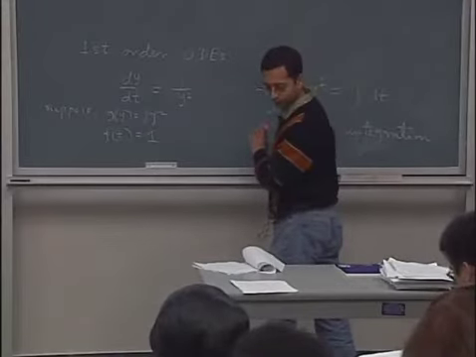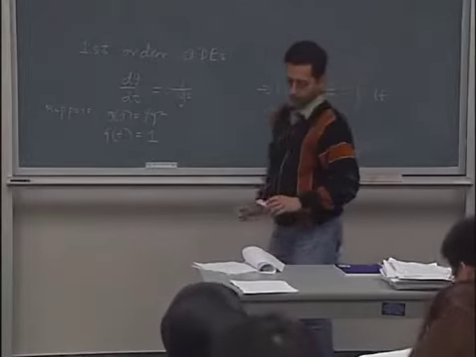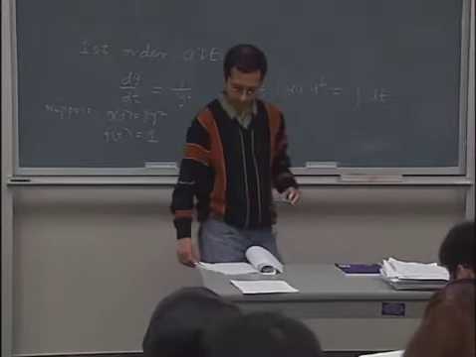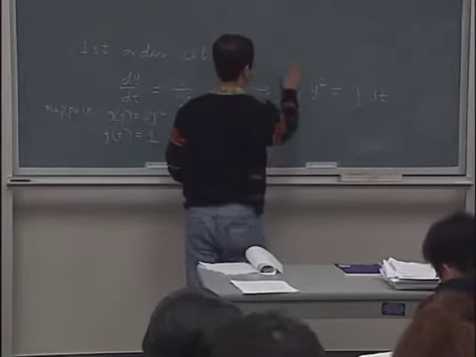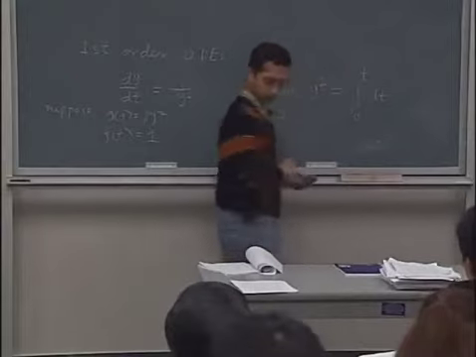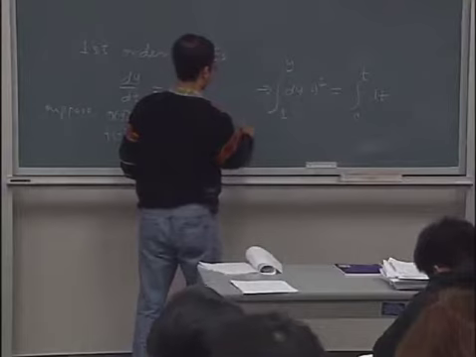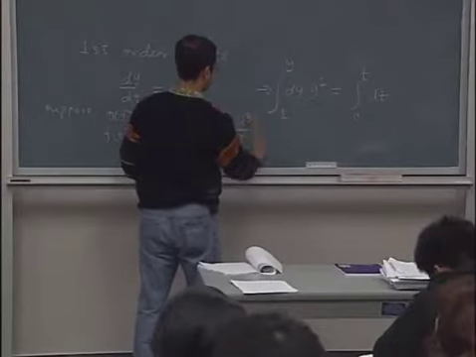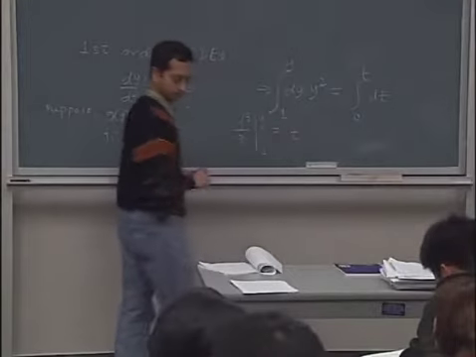And I integrate between two limits. The limits I used here, for some reason, are 1 to y and 0 to t. So you get y cube over 3, from 1 to y, equals t.